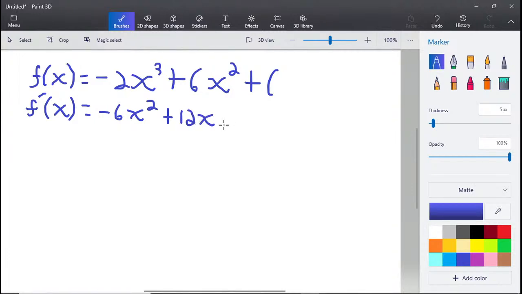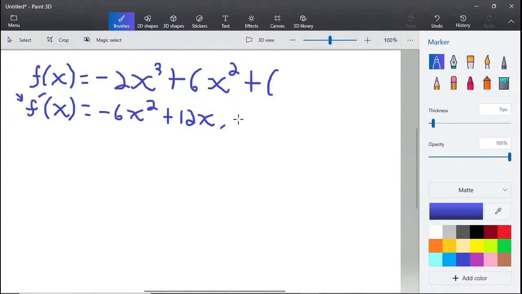We know that in f prime, when the values are less than 0, the graph is decreasing, and when they're greater than 0, the graph is increasing. So we need to find out over which intervals these are decreasing and increasing. Well, we can set this function equal to 0.